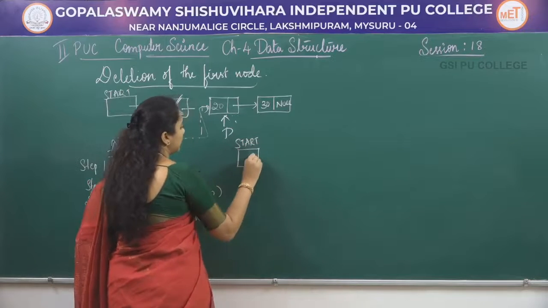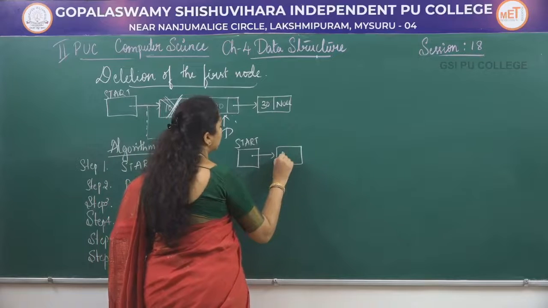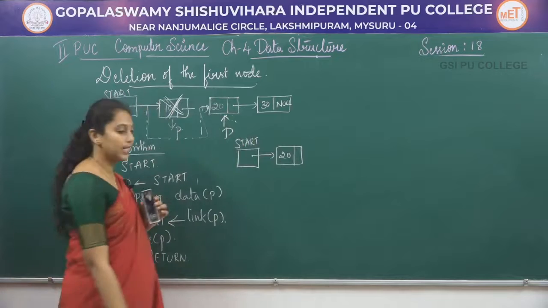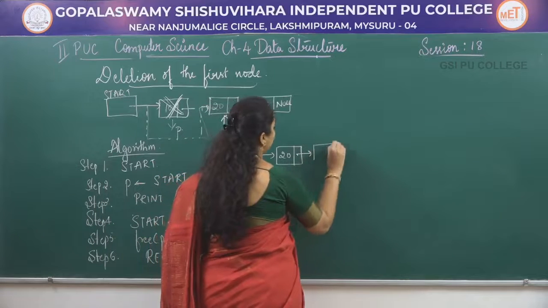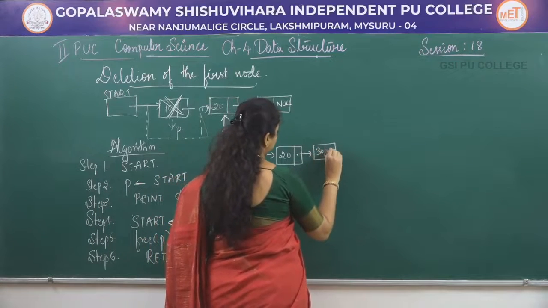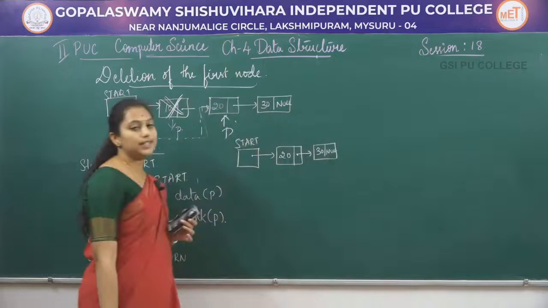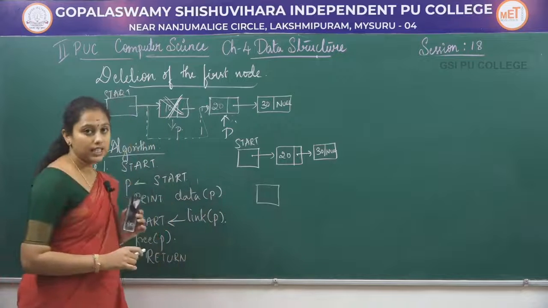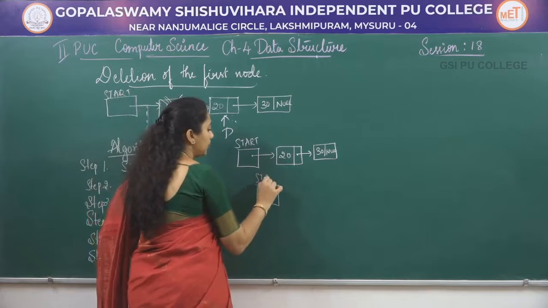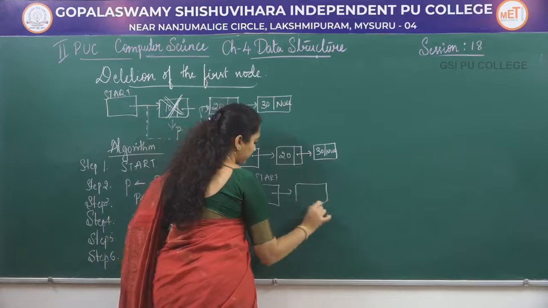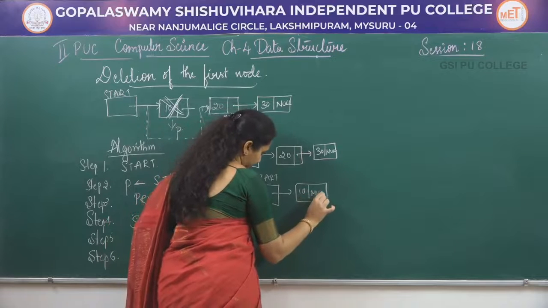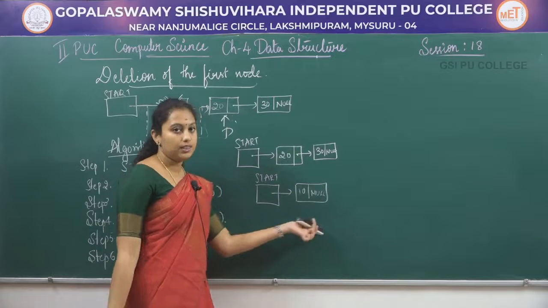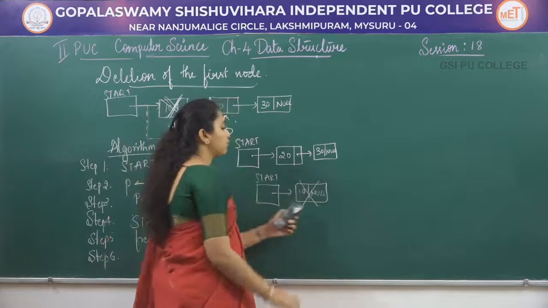So now the linked list contains only two nodes. Start contains the address of the first node. Now this second node becomes the first node in the linked list, and this contains the address of the next node. If the linked list contains only one node, and I want to delete this node itself, then I am going to free this node.